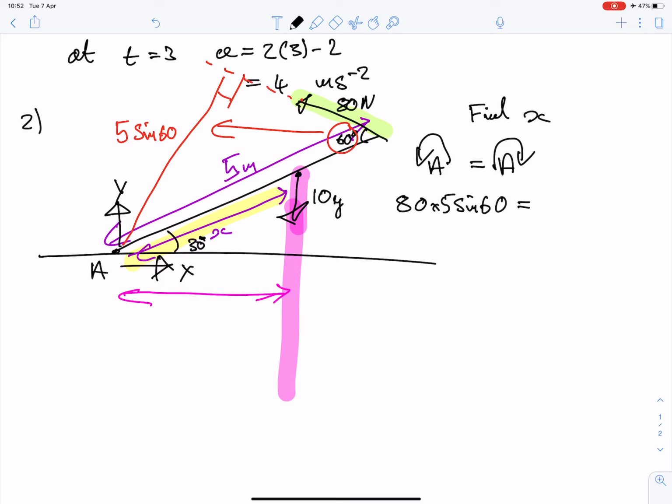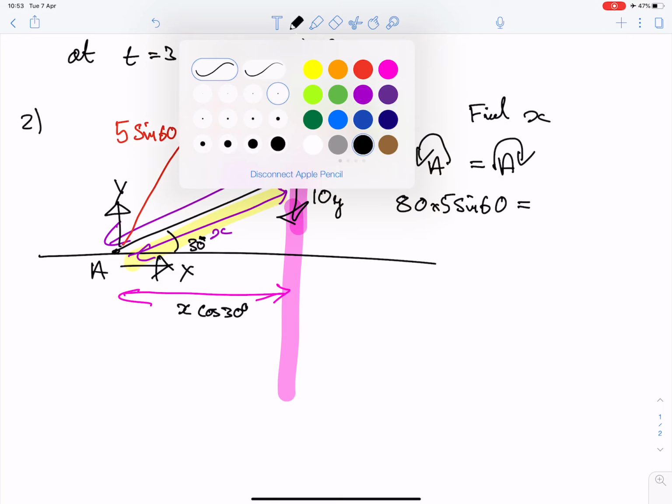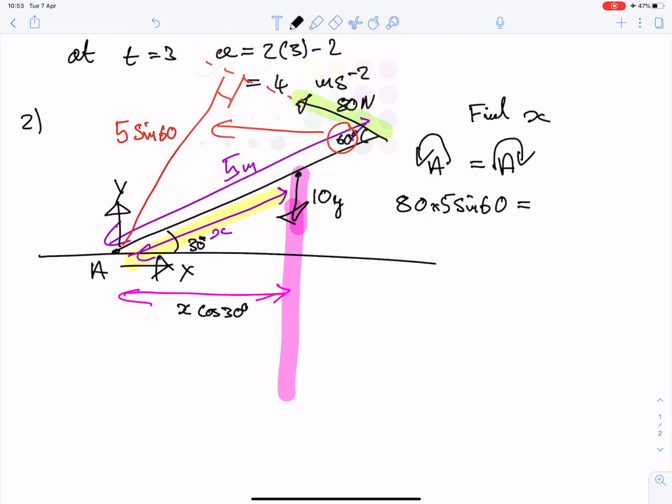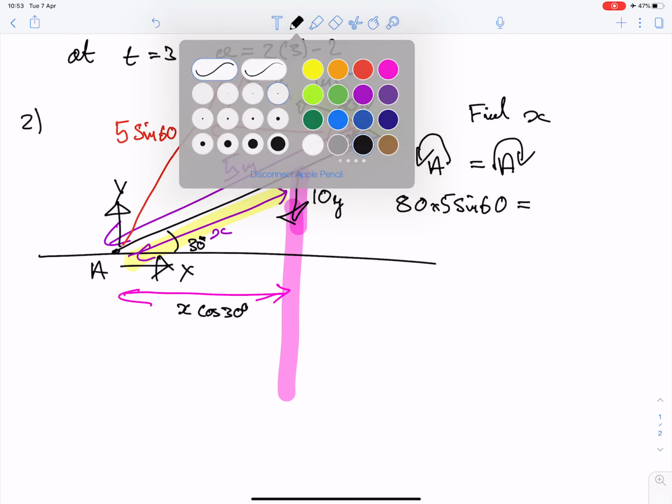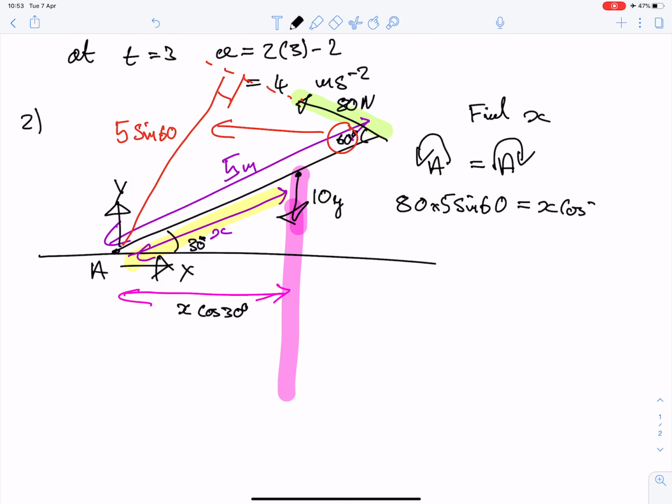Okay, so let's go back then. So this will be x cos of 30 degrees. So we're going to get x cos of 30 times 10g.